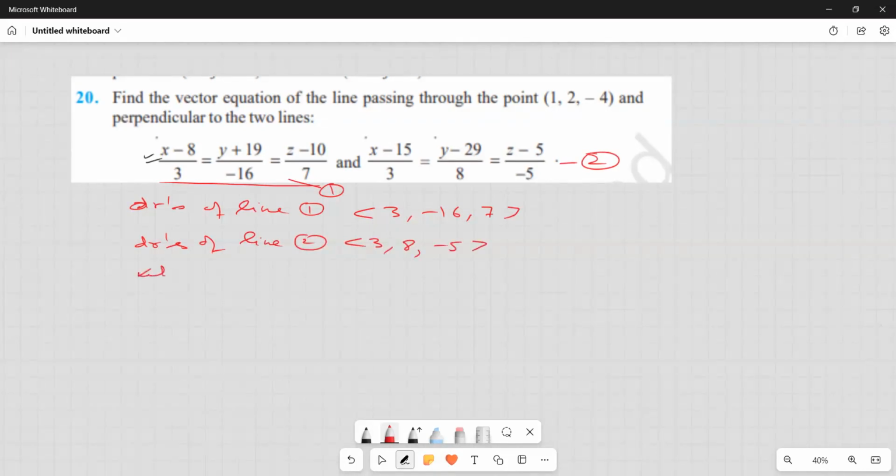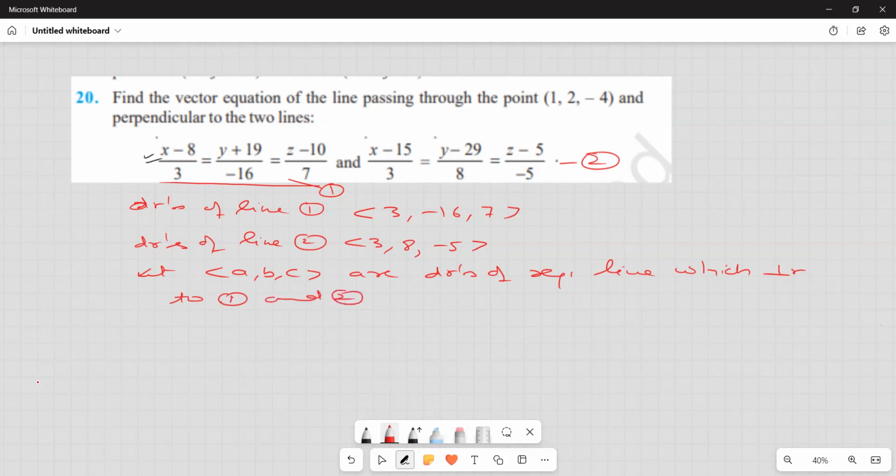Let a, b, c be the drs of the required line, which is perpendicular to line 1 and 2. Right? So the condition of perpendicularity will be applicable.